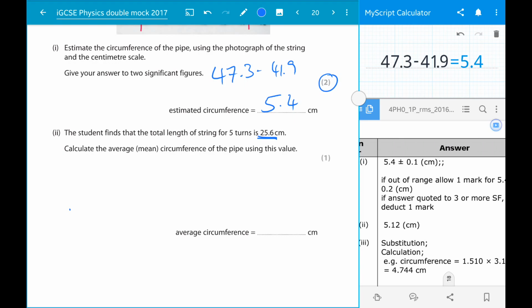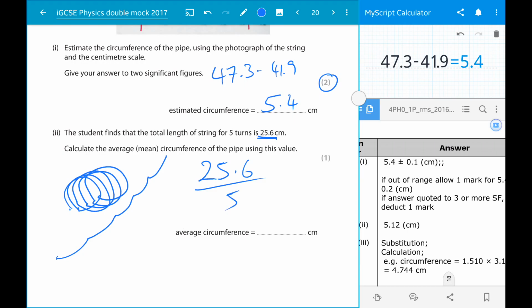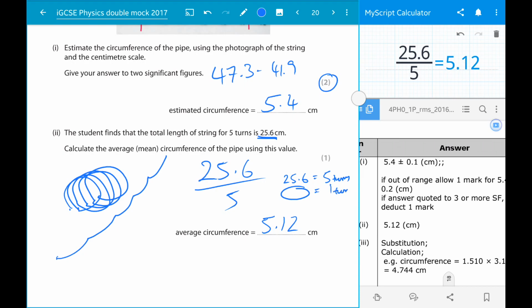You wrapped the string around 5 times, so 25.6 represents 5 times the circumference. 25.6 divided by 5 gives the circumference for 1 turn: 5.12 centimetres.